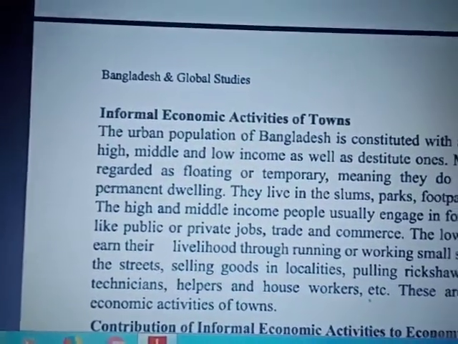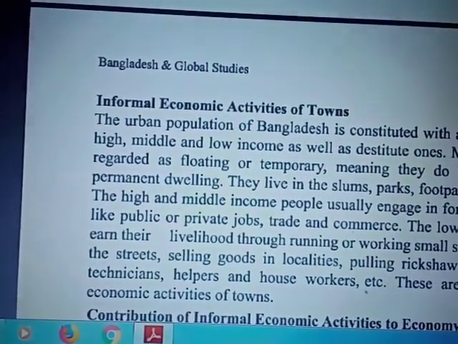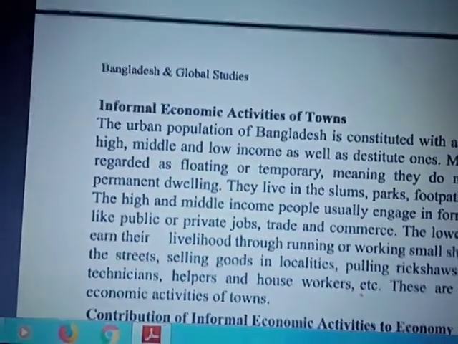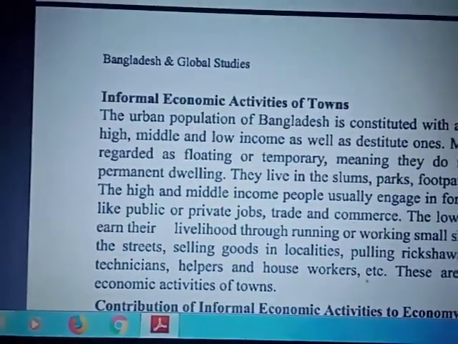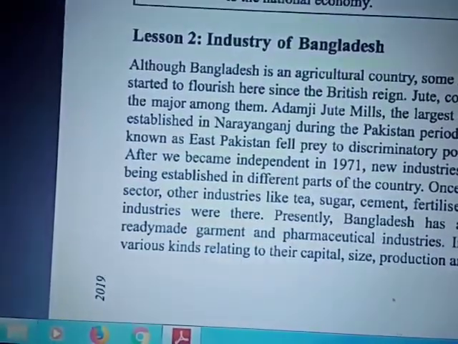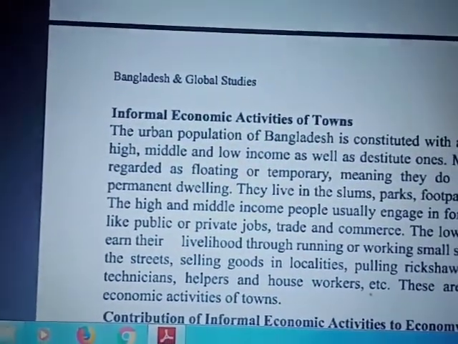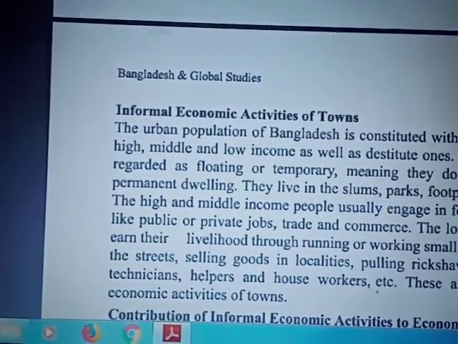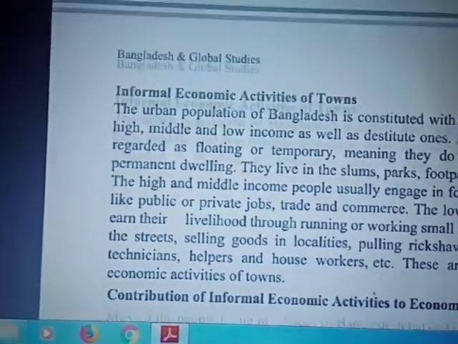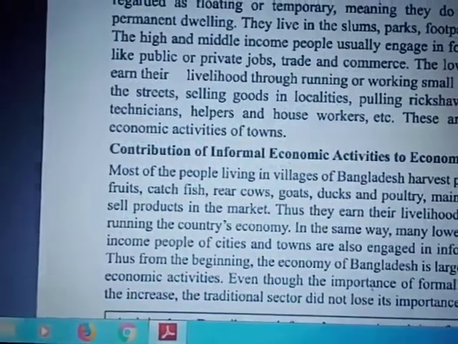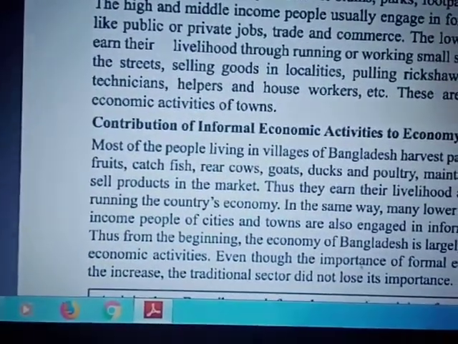The high and middle income people usually engage in formal economic activities like public or private jobs, trade, and commerce. The lower income and destitute earn their livelihood through running small shops and hawking goods on the streets.